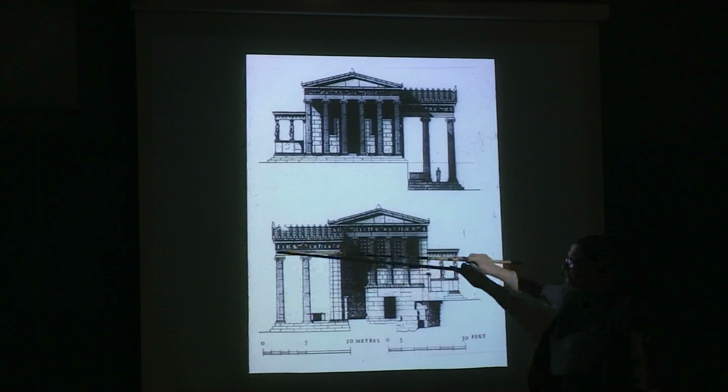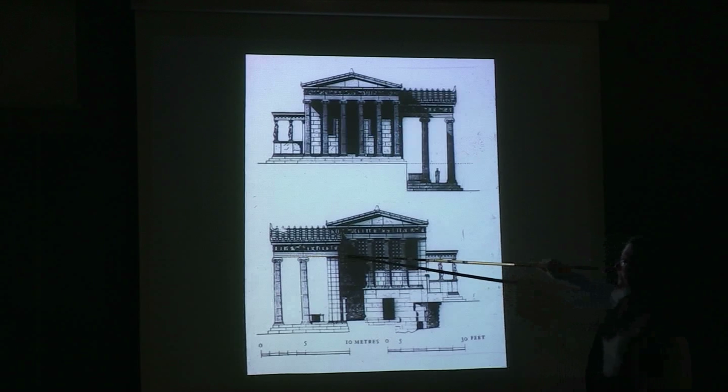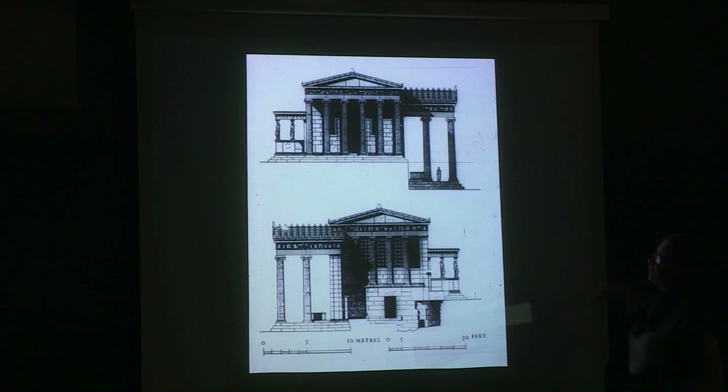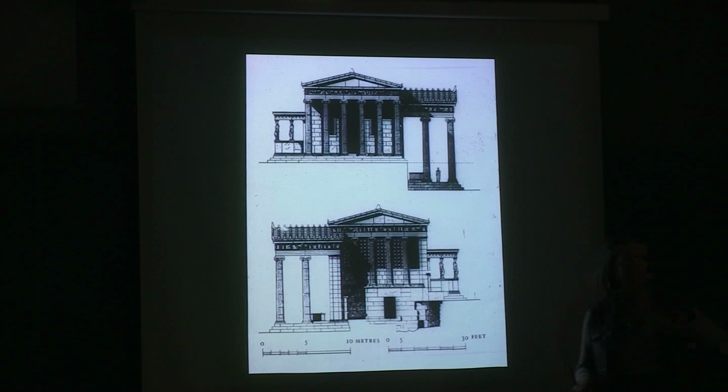The frieze has the typical Ionian bands, and then the carved frieze course, which envelopes the top part of the temple. So this is also a period which shows the position of the Acropolis of Athens in history.